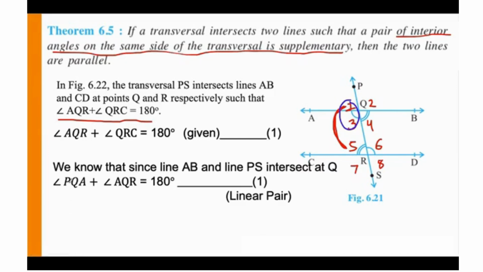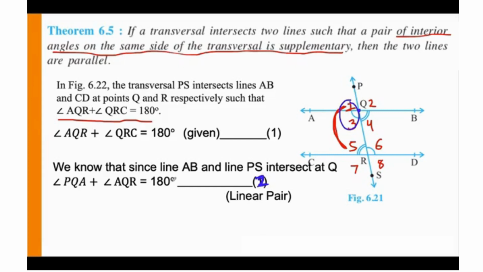So we know that AB and line PS intersect at Q, so angle PQA, angle 1, plus angle AQR, angle 3, is also 180 degrees, and we will take it as result 2. So result 1 is AQR plus QRC is 180 degrees.